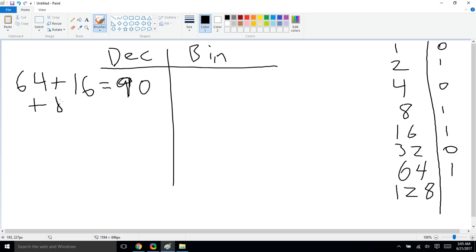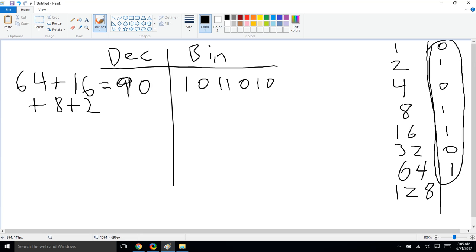So if you write 90 as a sum of different powers of 2, it's 64 plus 16 plus 8 plus 2. And if we're looking at the powers of 2 that we use there, we would have the binary right here. So this would be 1, 0, 1, 1, 0, 1, 0. Okay, so that's one method to convert decimal to binary.